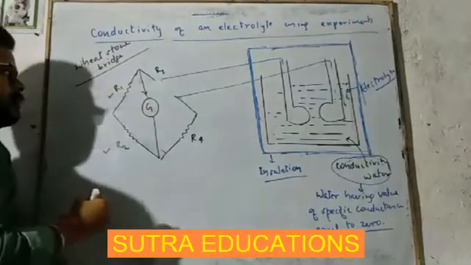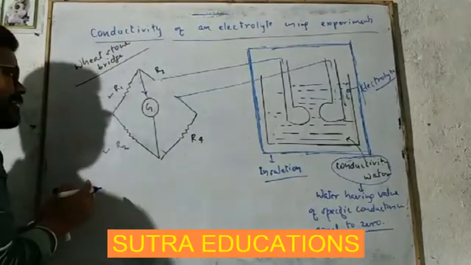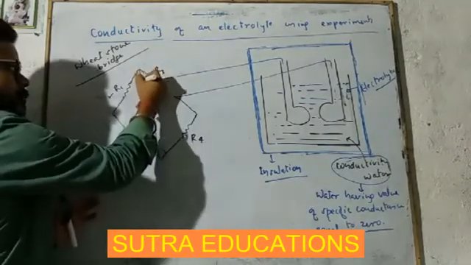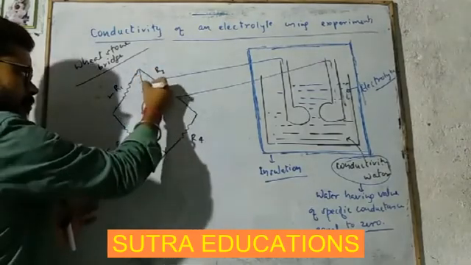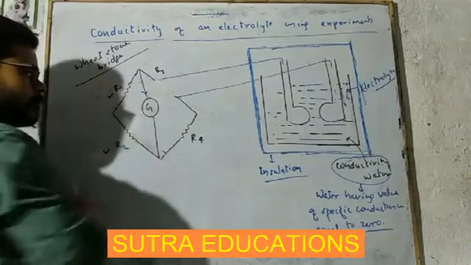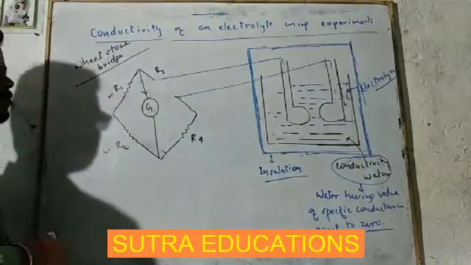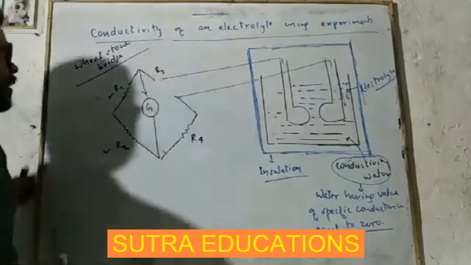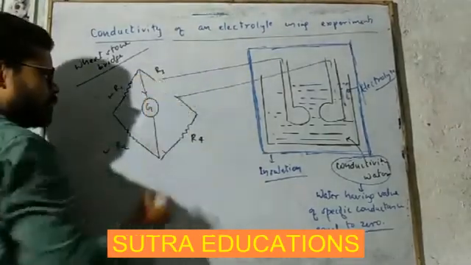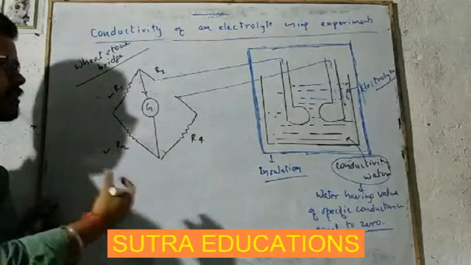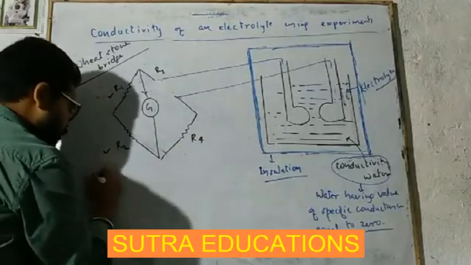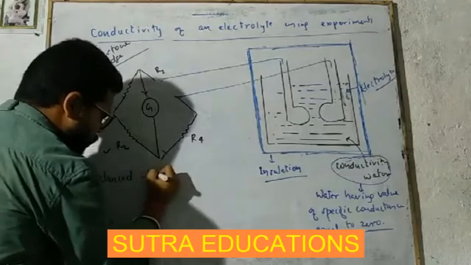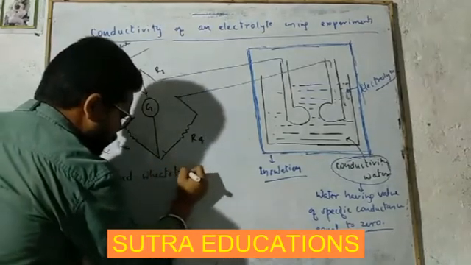Getting me? We can adjust the resistances such that the current passing through this branch, through this galvanometer, will be 0. That condition, when current through the galvanometer is 0, is called a balanced Wheatstone bridge.